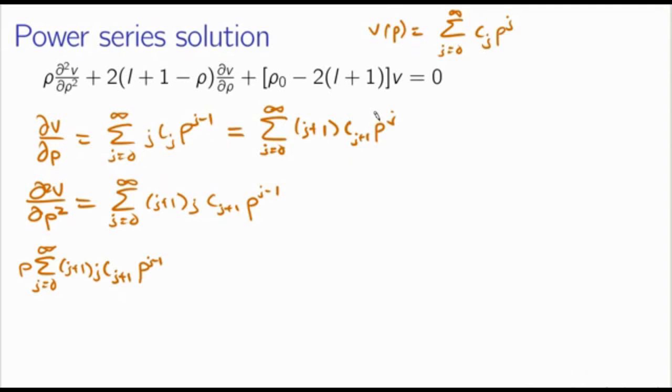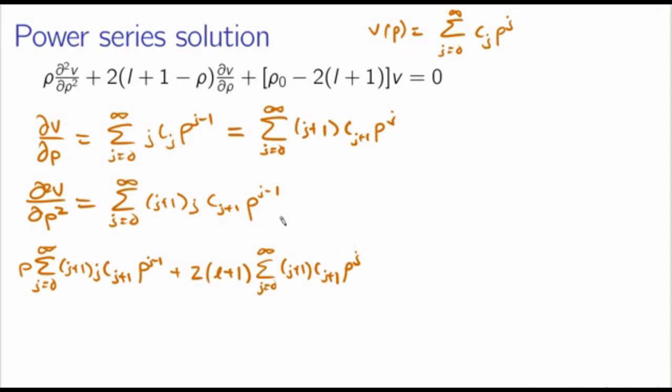That will give me, after I've multiplied everything into the power series, a rho to the j power. So I've got a plus 2 times l plus 1, and that's all that doesn't have a rho in it, multiplied by the expression for the first derivative of v with respect to rho. Sum from j equals 0 to infinity of j plus 1 times c sub j plus 1 times rho to the j.